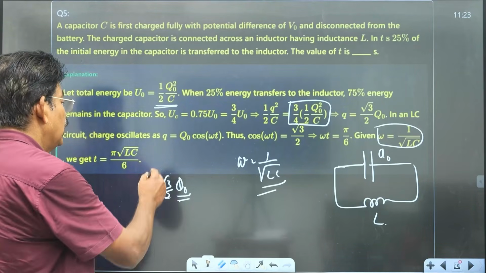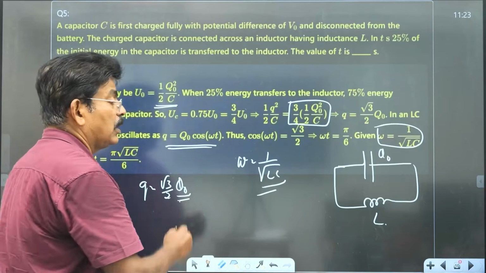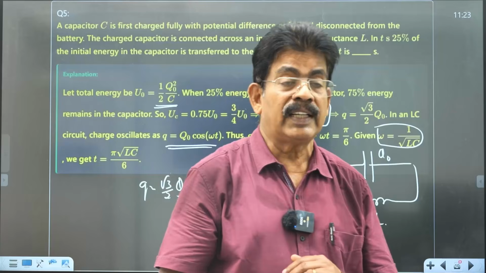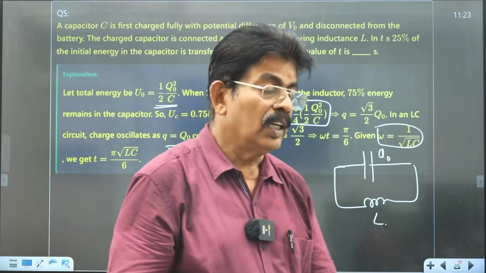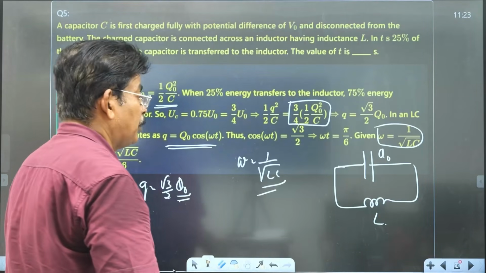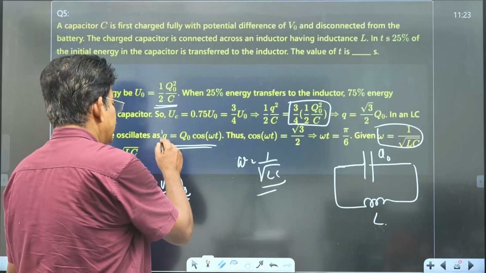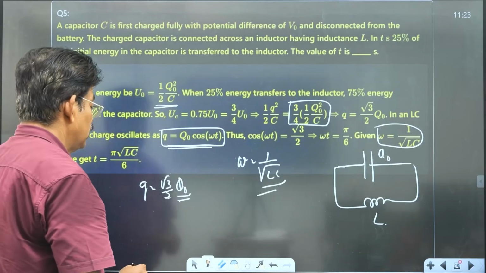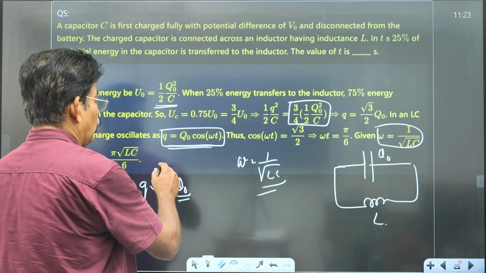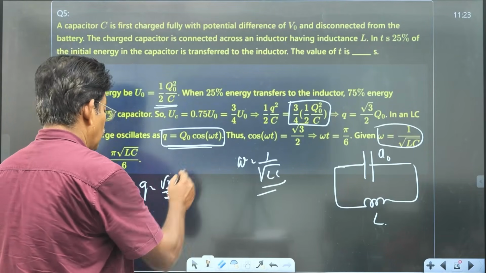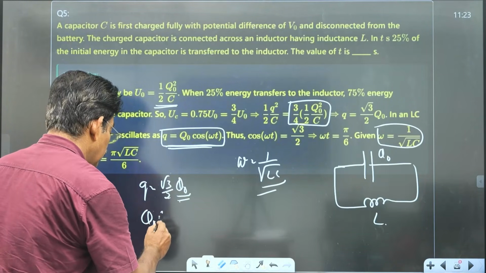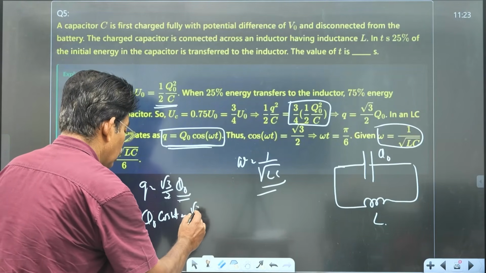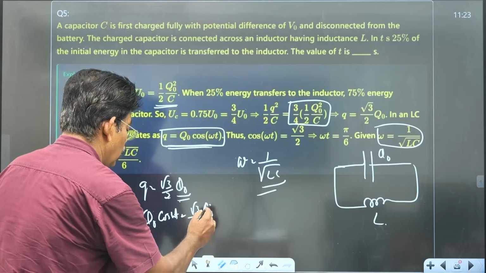And you know, in LC oscillation, initially the capacitor is fully charged and the charge starts oscillating just like in simple harmonic variation. Here also, the charge in the capacitor will vary. Why does it come as a cosine function? Initially, the capacitor was fully charged. Therefore, the equation will be Q0 cos omega t, which comes to be root 3 by 2 Q0.